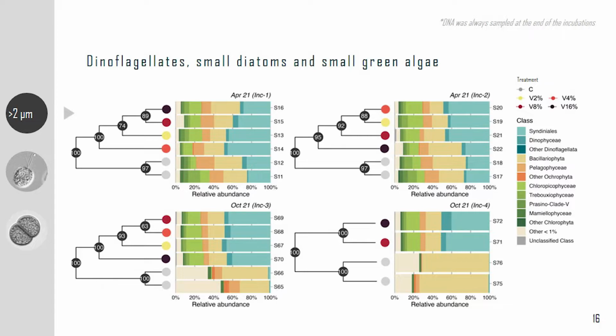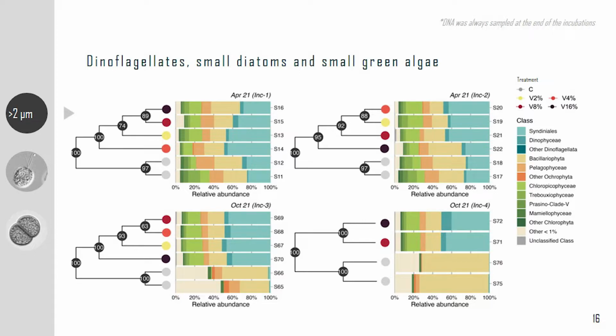So, okay, don't panic with this graph. Here we are looking at the taxonomic rank levels. So now I said that we saw some dinoflagellates, ochrophytes, and small green algae, and now we will see in which class they are identified.